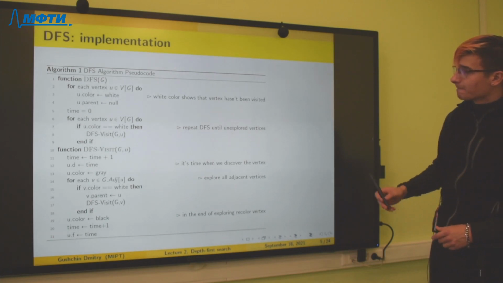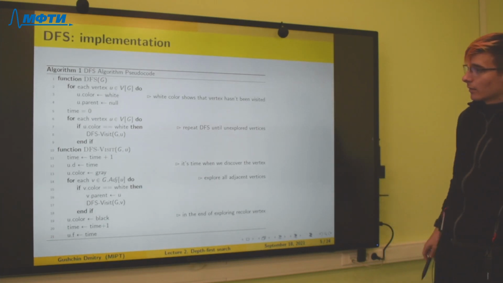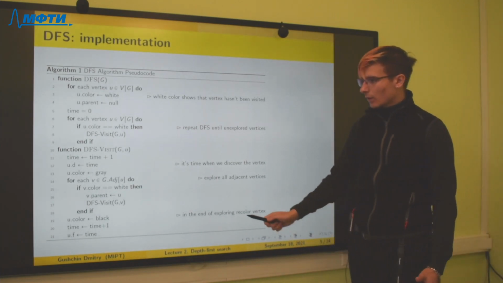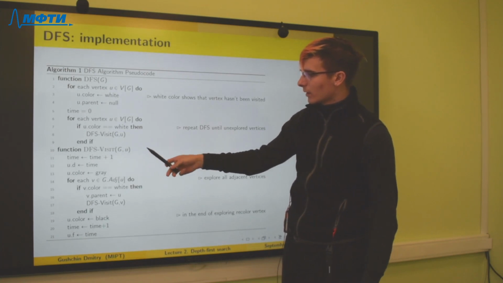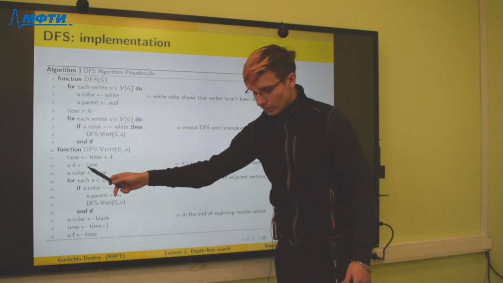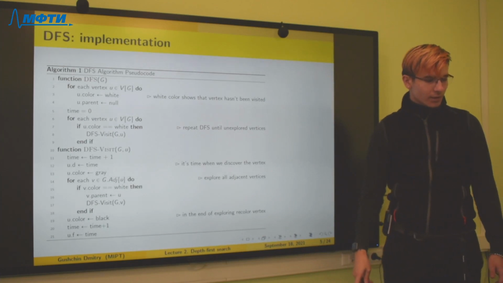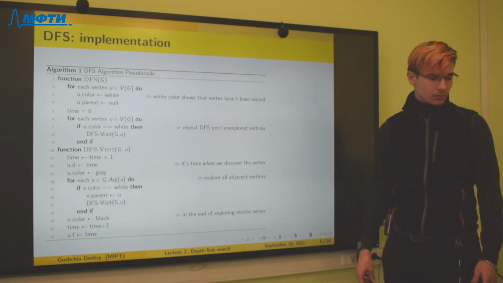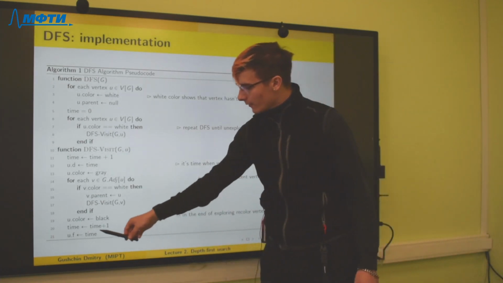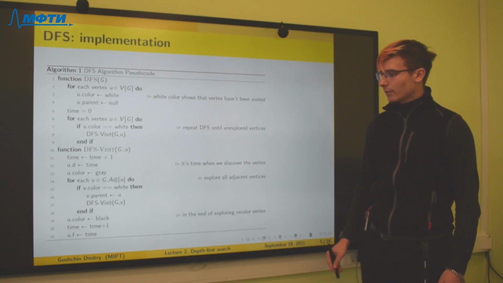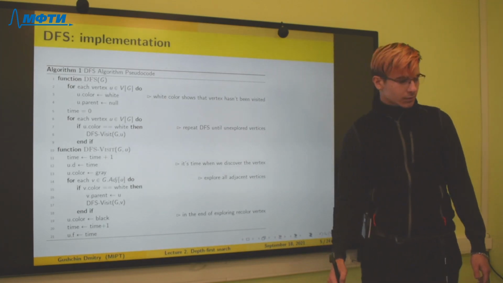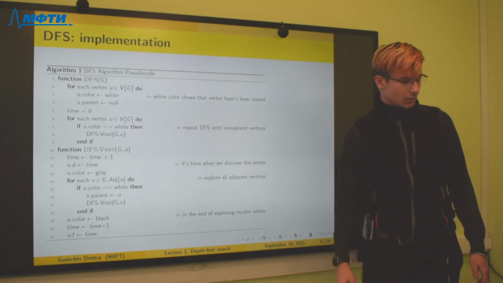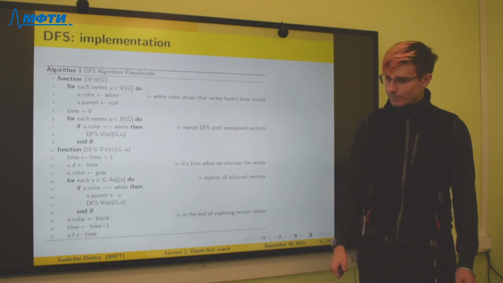Okay, so time is equal to, for example, real time. So we say that U.d is equal to the time when we discover our vertex U, and U.f is equal to the time when we finish exploring adjacent vertices.